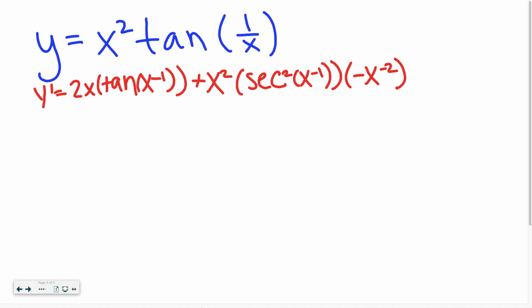When we take the derivative of tangent, we get secant squared, but then inside is x to the negative first, so we have to take that derivative: negative 1 x to the negative second. So we had to use the chain rule for the derivative of tangent of 1 over x. That's where we saw the chain rule in this one.